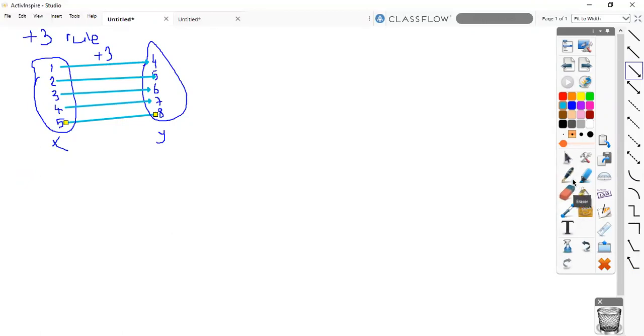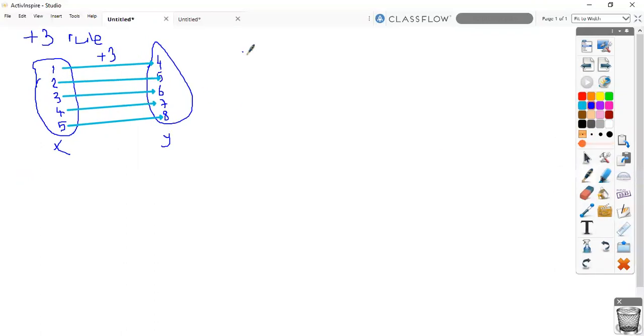Here we can show this with input and output with a function machine. It will be like this. Here the input, the function will be plus 3, and there is the output.